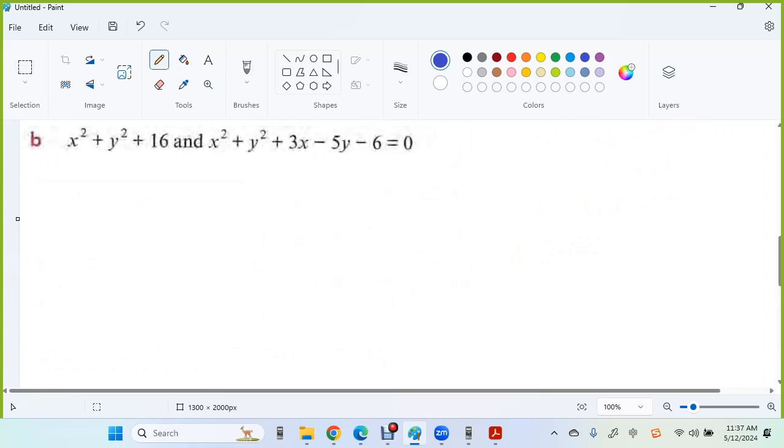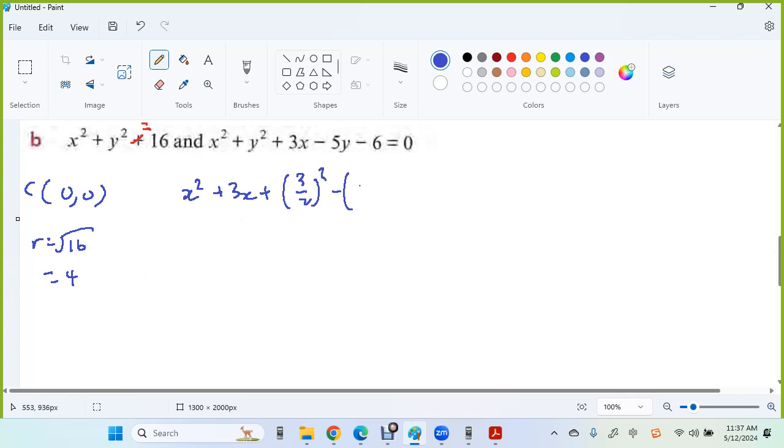So this one also, same, should be equal. So we have (0, 0) as the center, and the radius is the square root of 16, which is 4. So we have x squared plus 3x plus (3 over 2) squared minus (3 over 2) squared, and then y squared minus 5y plus (negative 5 over 2) squared minus (negative 5 over 2) squared minus 6 equal to 0.